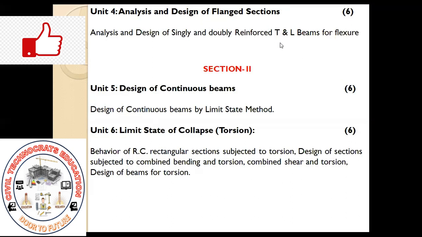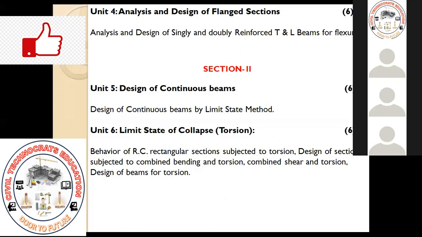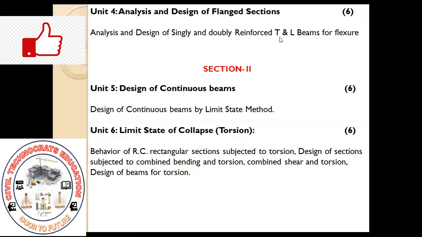Now if you observe any building or any structure, that is, our residential building or any RCC structure, you will not observe any T beam. You will not see a beam which has a cross section of T shape, or a beam which has a cross section of L shape.